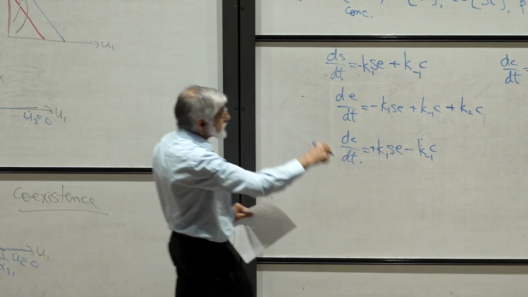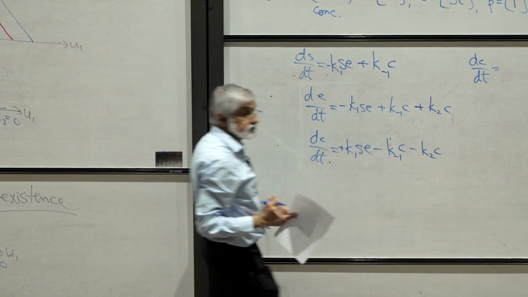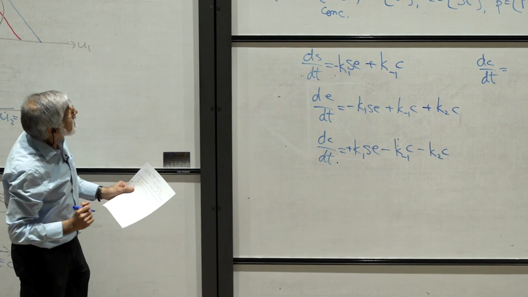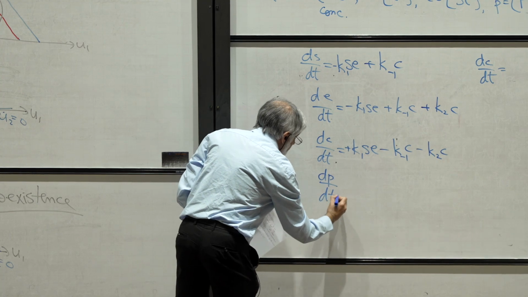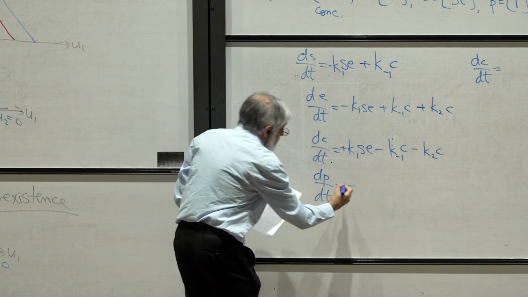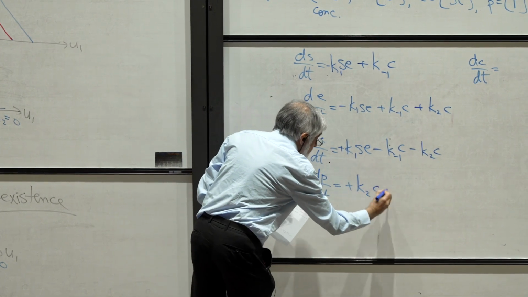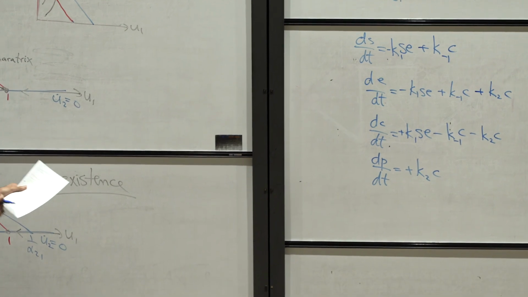And it's lost by going to the product. And then what about the product? That's the easiest one. It's plus K2 times C. Okay, so that's just using the law of mass action.